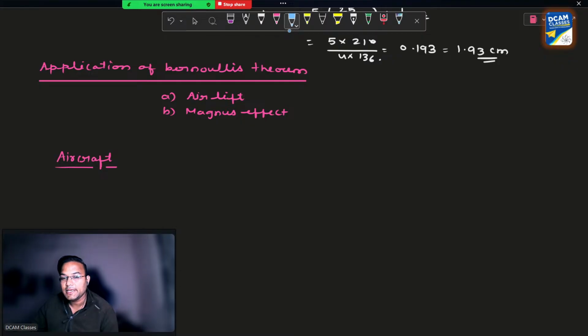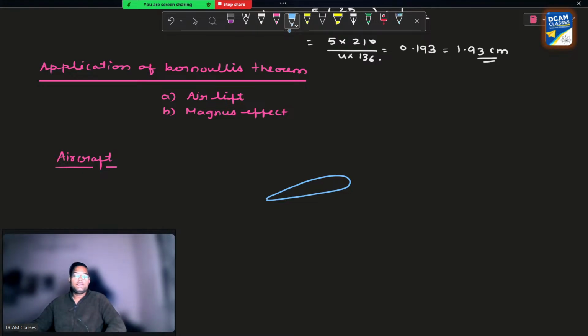See what happens in the aircraft. What's the use of the wings? That I'll explain. In the wings, you must have seen there are two very big fans, one on each side. They are known as propellers.